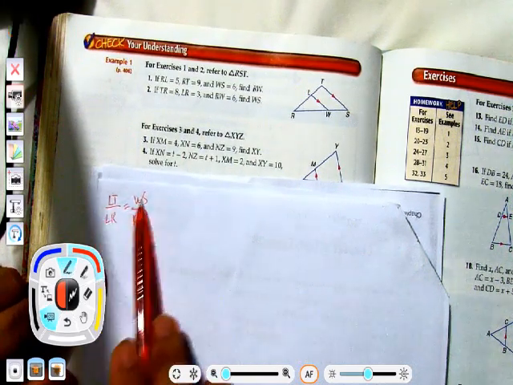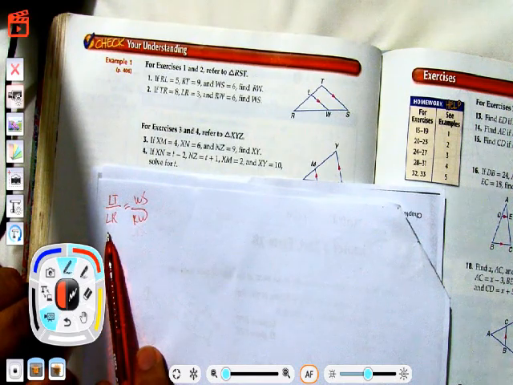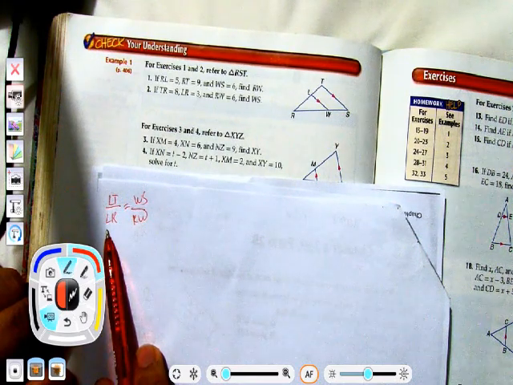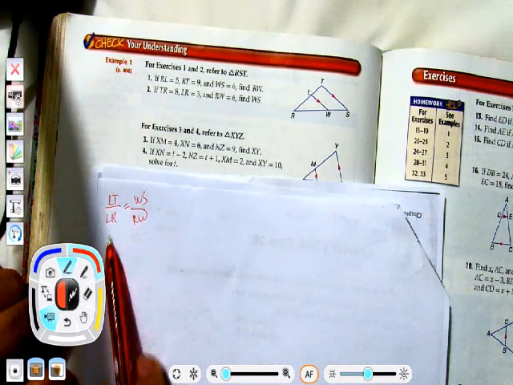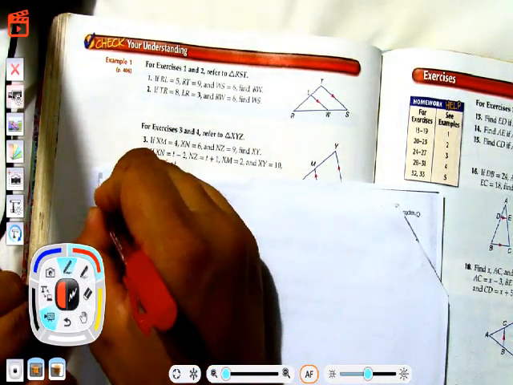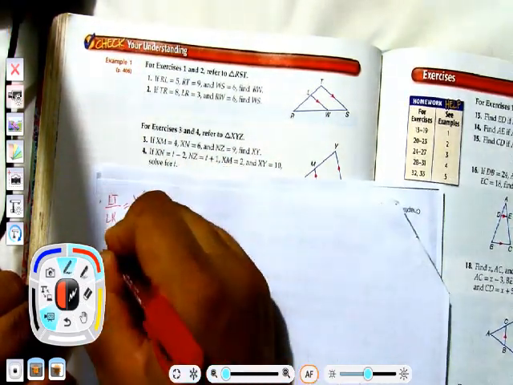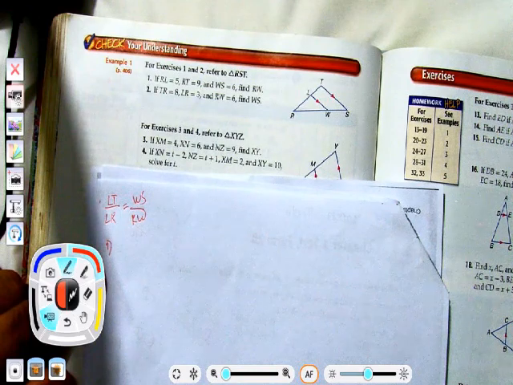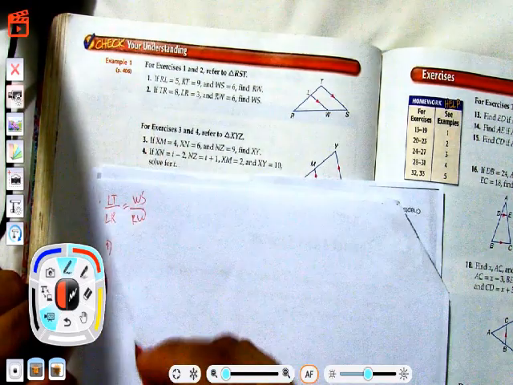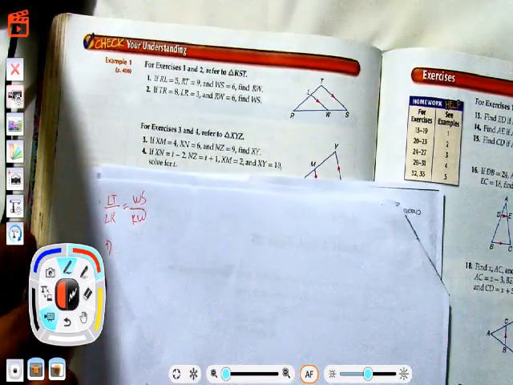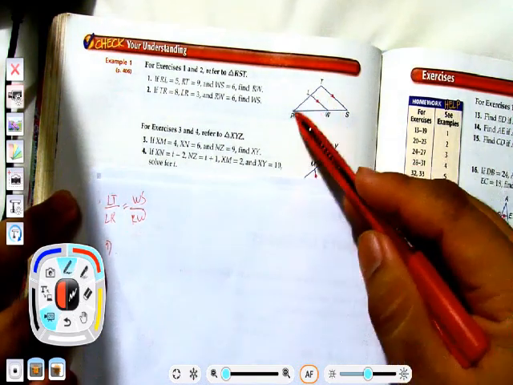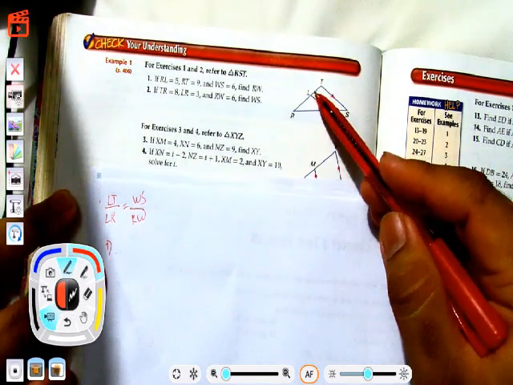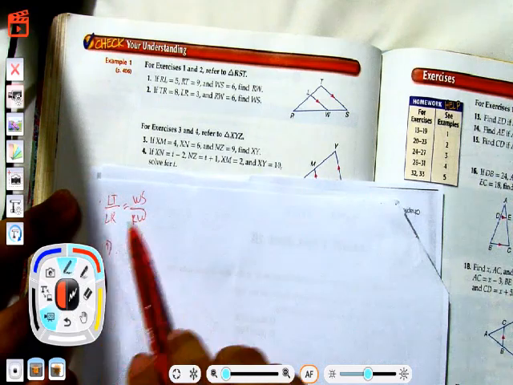So find a way to fill in this. Okay, so RL, RT. No, there's no RT. Like for example, number 1. In number 1, we have RL, which is 5, but we have RT, which is 9. So there's no RT over here. What can that RT help us?